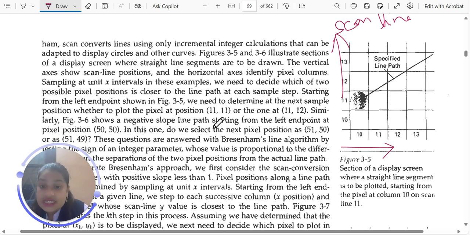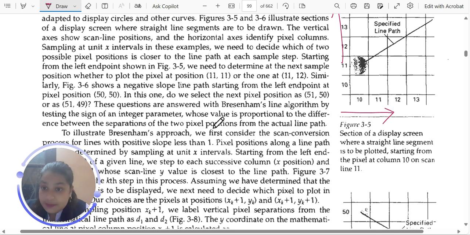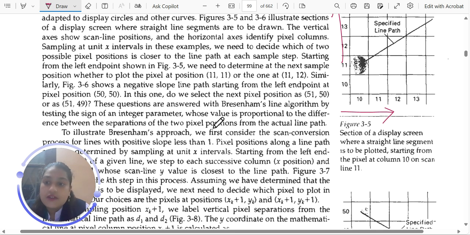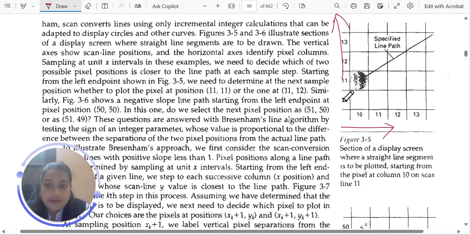Sampling at unit x intervals in these examples, we need to decide which of the two possible pixel positions is closer to the line path at each sample step. Starting from the left hand point, we need to determine at the next sample position whether to plot the pixel at 11:11 or at 11:12.